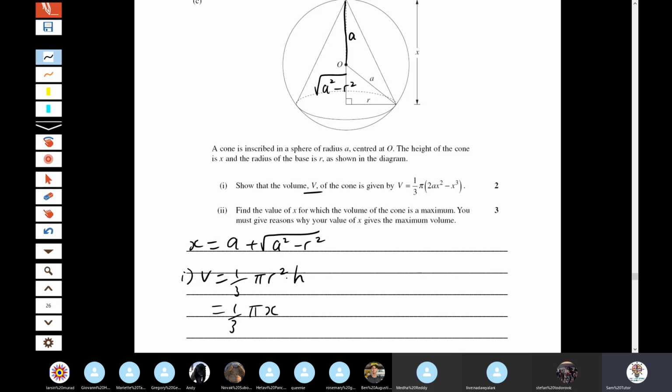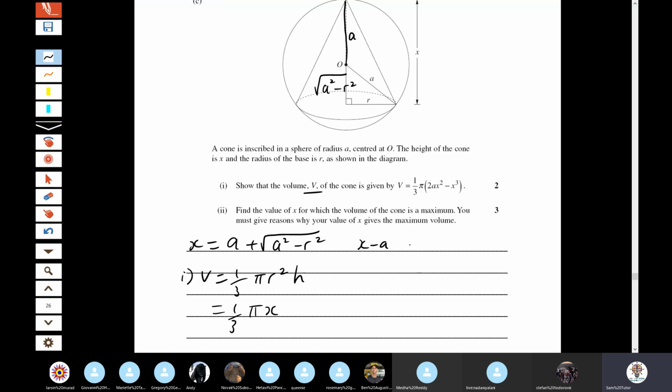Solve for r from the equation above. Don't make r the subject, that'll be silly. Just make r squared the subject, because you just want r squared.